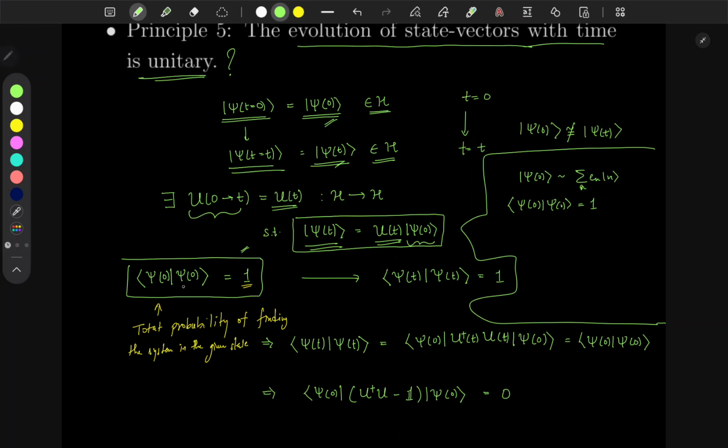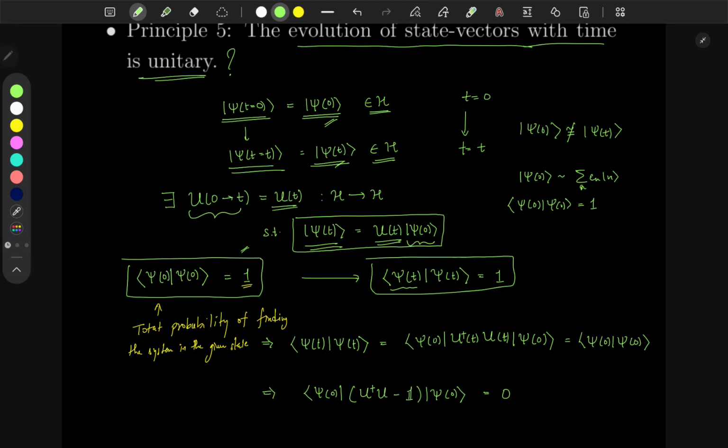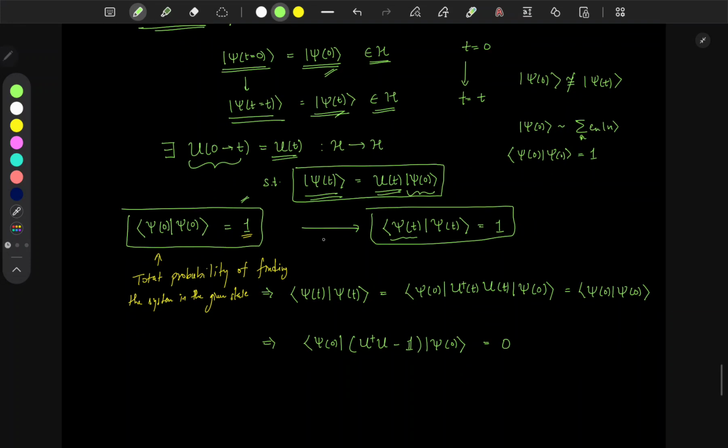Now if the total probability at time 0 is 1, it should remain 1 at time t as well. So that means the inner product of psi t with itself should also be 1. Now that means these are the same thing. So the inner product of psi t and psi 0, they are the same.